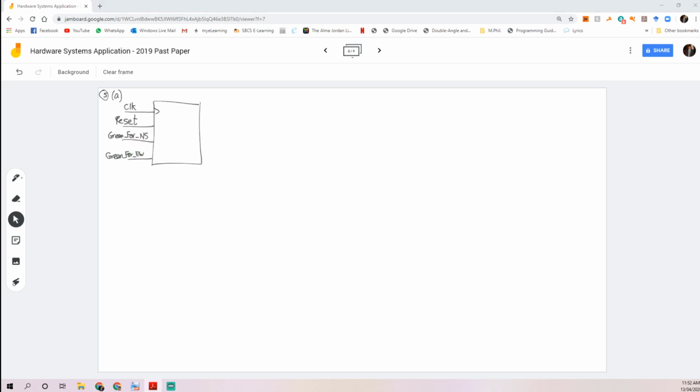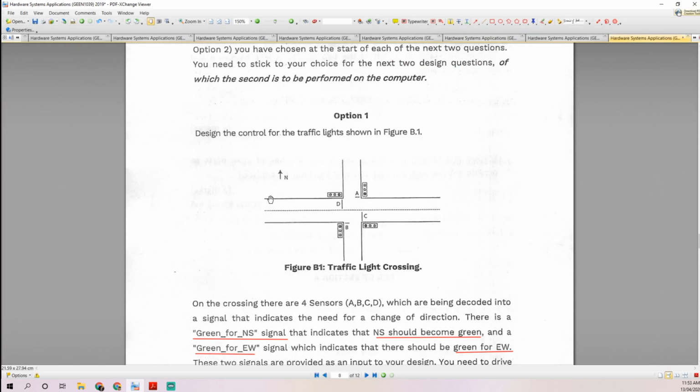Okay, the outputs of this, right? The outputs of this are now going to drive our traffic lights.